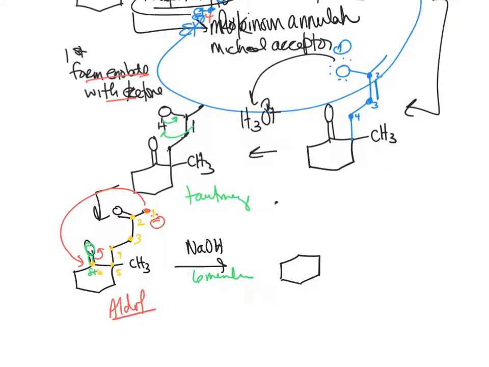I'm going to go ahead and keep the CH3 here. This is going to come up and make the O minus. And then we have, that's 5. This is 6. So we're going to do another six-membered ring. 5, 4, 3, 2, 1.